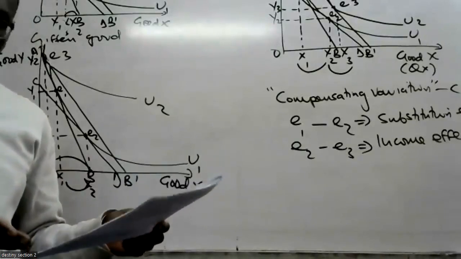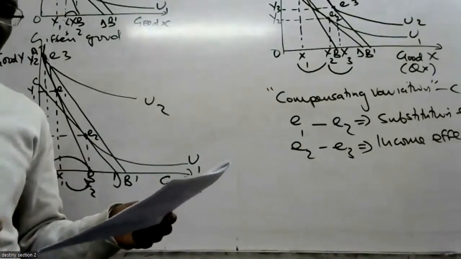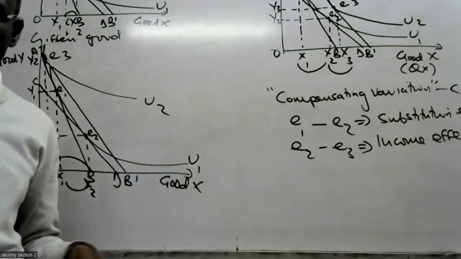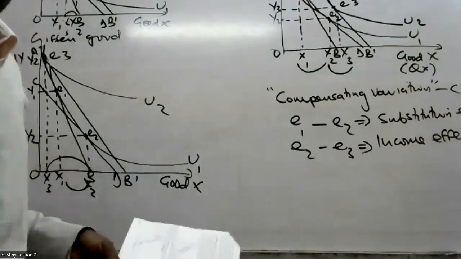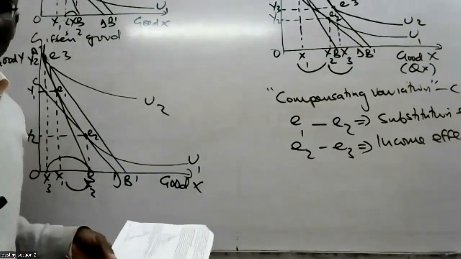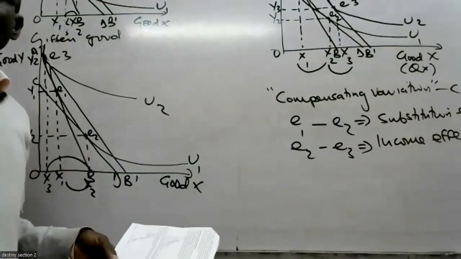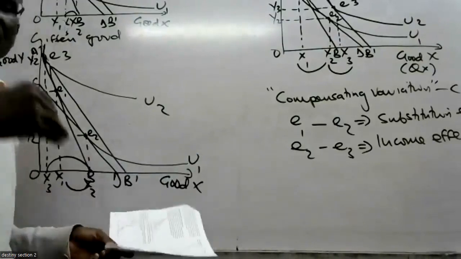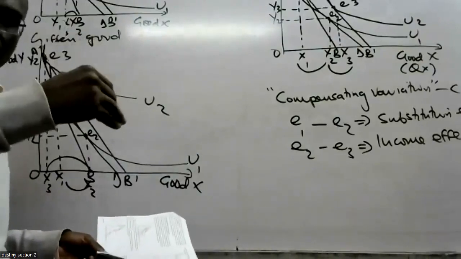Then 4, indifference curve analysis can be used to derive an Engel curve. So don't forget, an Engel curve is simply an income consumption curve. It shows the demand of a particular good, say good X, as the income of a consumer is increasing.